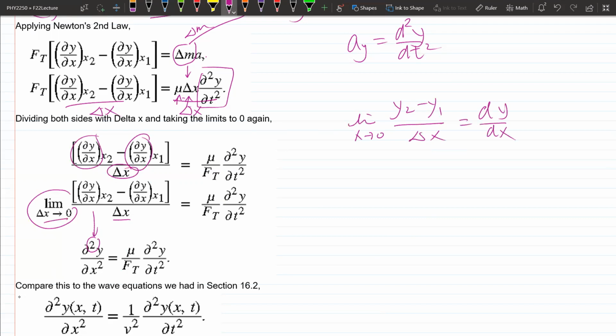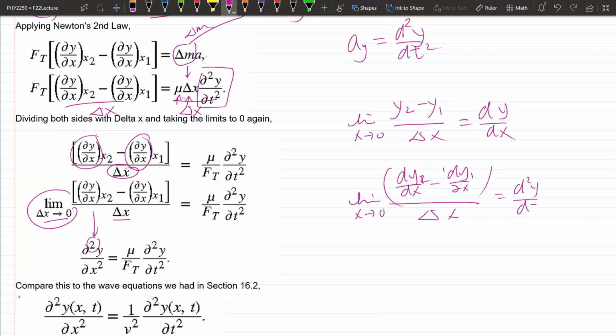If you have the derivative of y already, and then you divide that by delta x, it makes it a second derivative instead of a first derivative. Hopefully that logic makes sense at least, even if you don't remember it from calculus class.